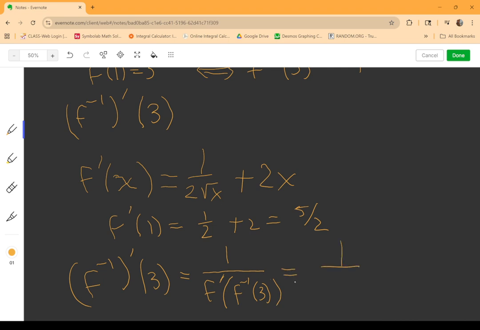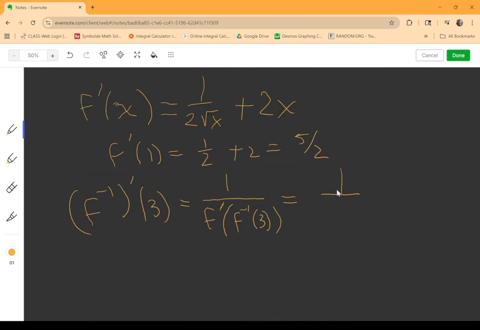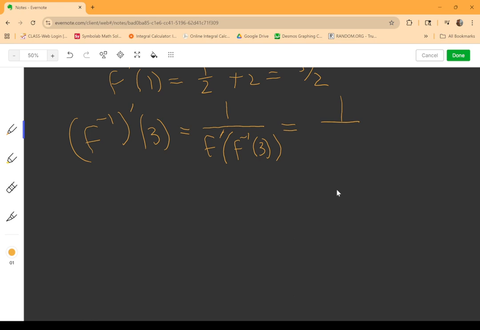The value of the inverse of 3 is 1, from the definition here: f inverse of 3 equals 1. So now going back down here, we get 1 over f prime of 1, and I just calculated that above. So that's 1 over 5/2, which reduces to 2/5.